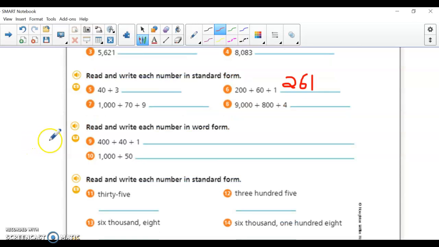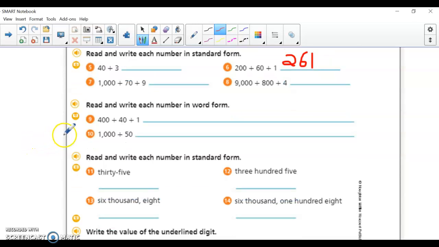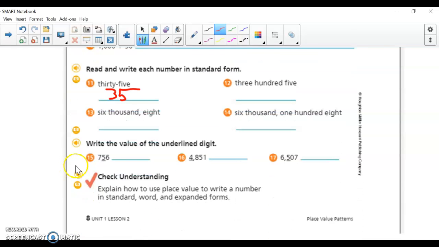Jump back in. Okay, read and write each number in standard form. So read the number, and then that standard form, remember, that's just how we always write it, okay? So 35, we would just write out 35. Simple as that. And then I want you to try and see if you can figure these out. The underlined digit is what you're focused on.